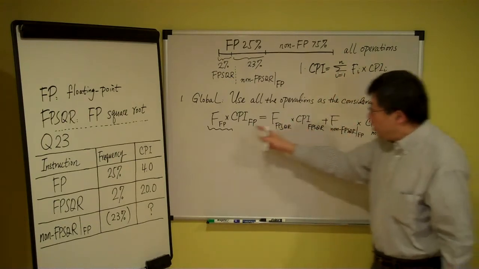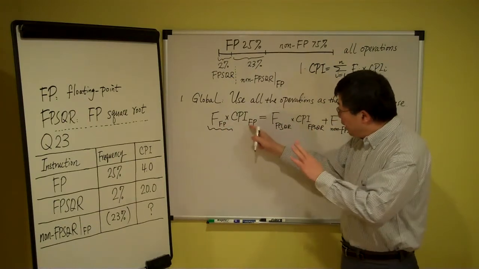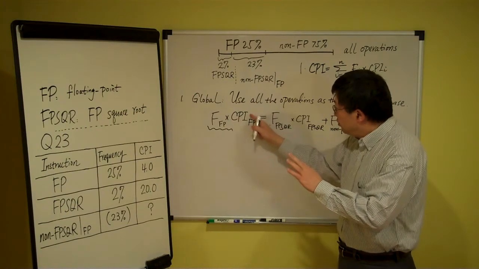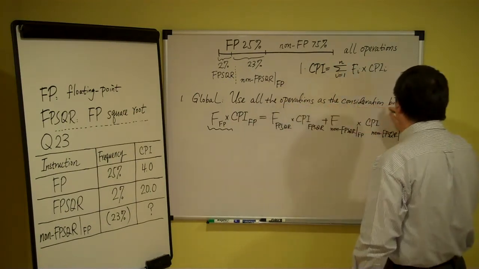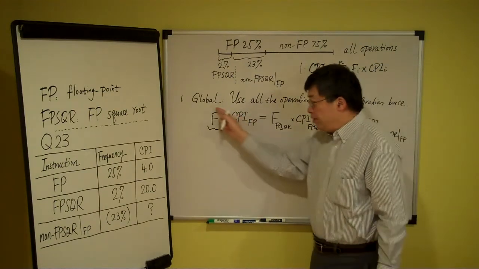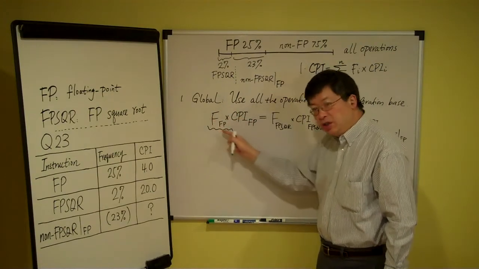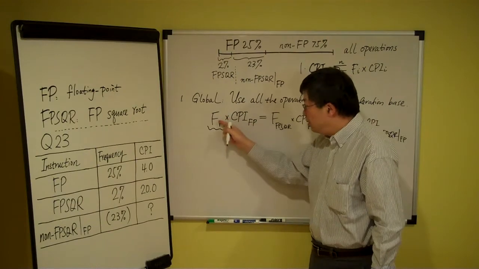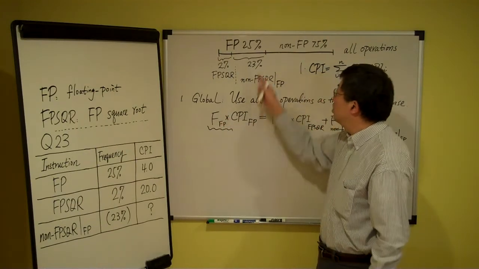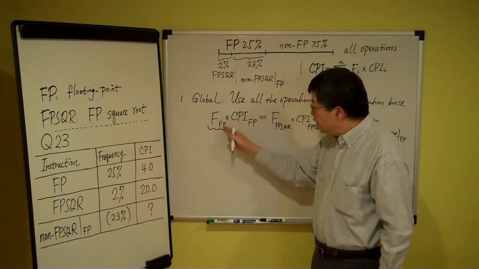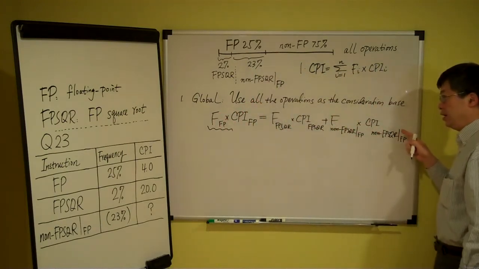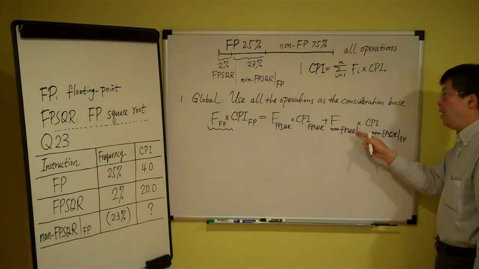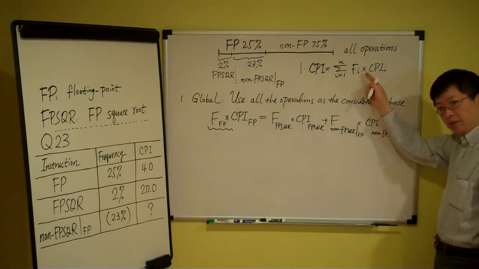But here, because we use all operations as the consideration base, the frequency of floating point is not 1. It's 25%, so you should use that 25% here. That's the way you use the PPE.